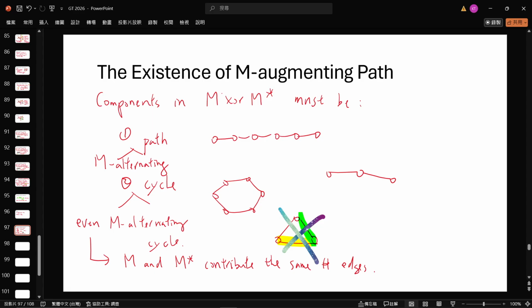An M augmenting path must be from this kind of component, a path. So it cannot be from a cycle.